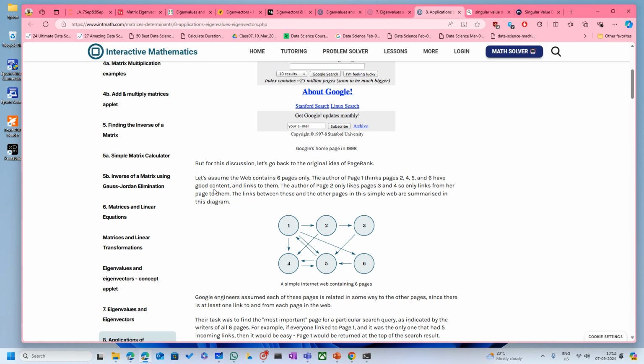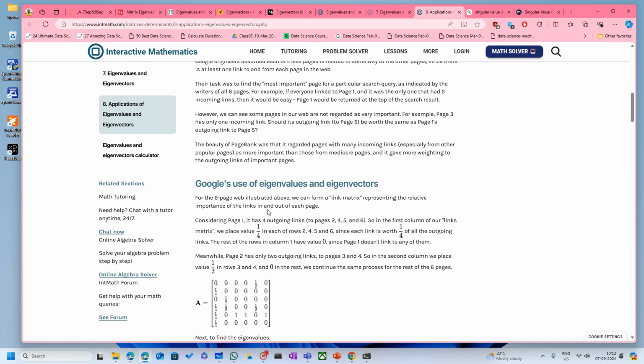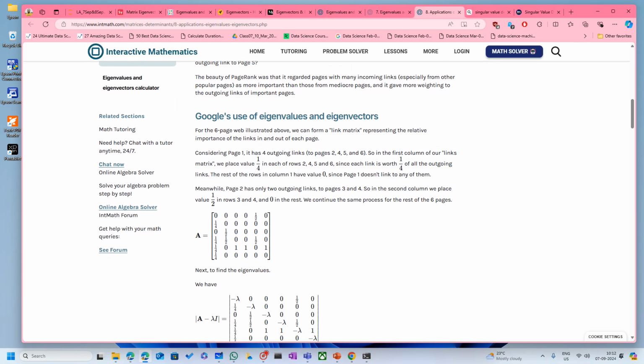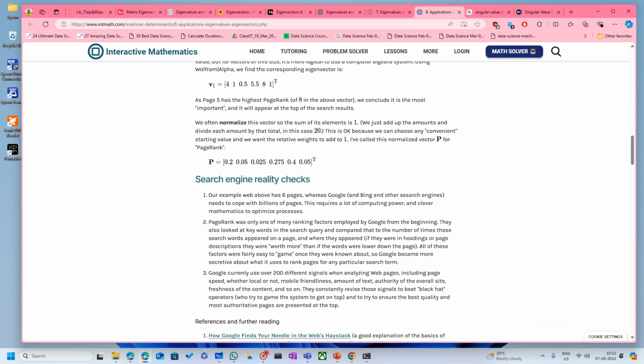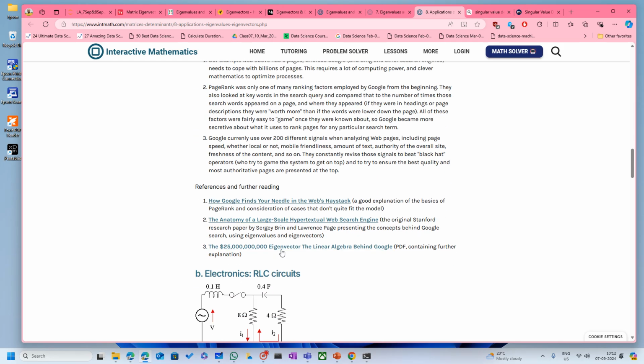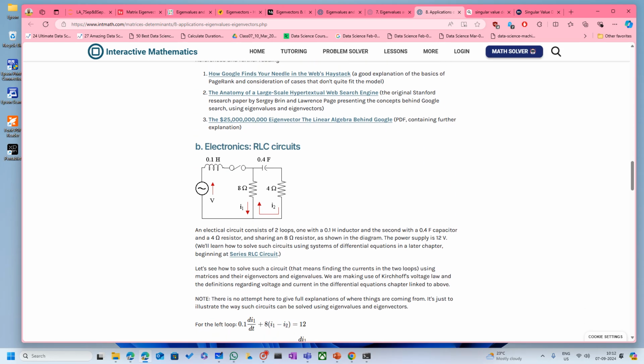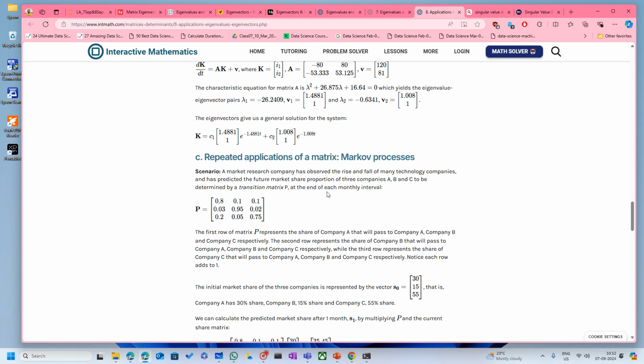And not only that, there are certain things like HMMs, hidden Markov models, where you would also use eigenvectors. They call it a Markov process, but they are essentially called HMMs, hidden Markov models.